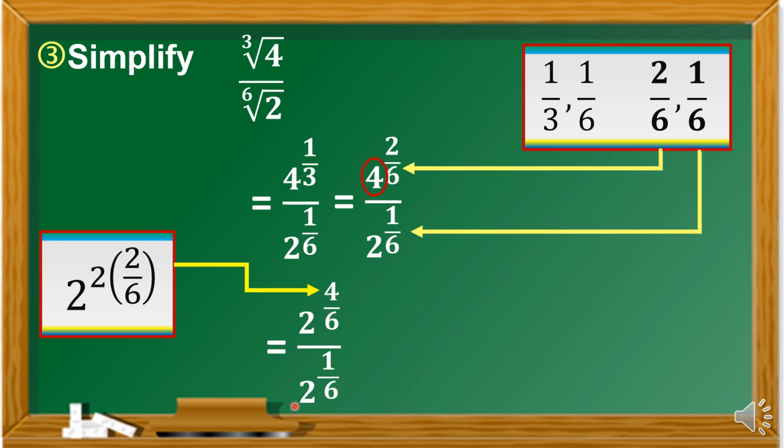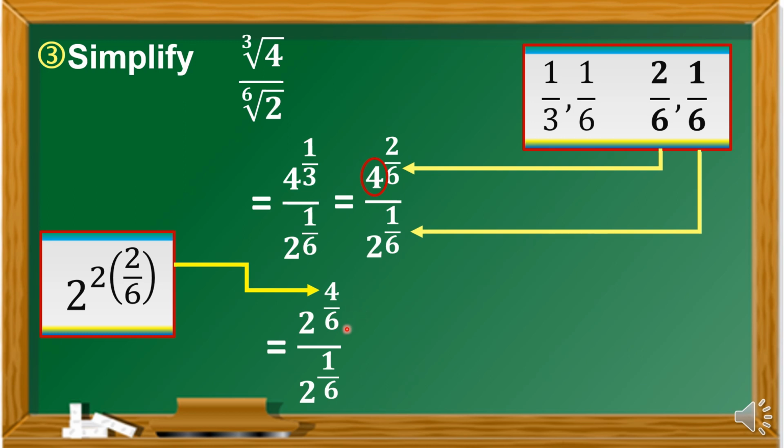So, ngayon, dito, mapapansin natin na we have the same base. Meron na tayong parehong base, so, that is 2. So, kung meron tayong parehong base, pwede na nating i-apply ang rules of exponent in division. So, di ba, kapag pareho ang ating base, pwede na nating i-subtract ang ating exponent.